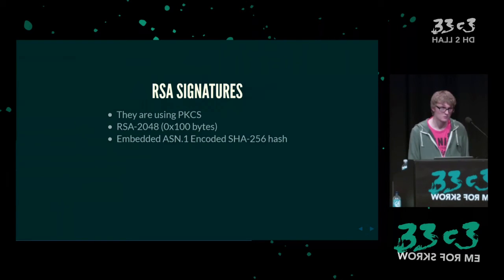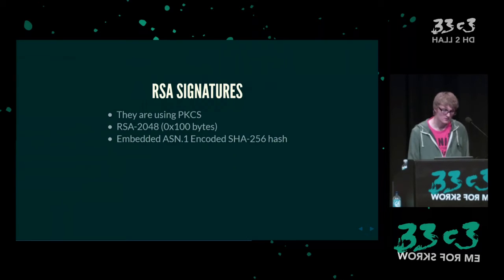ASN.1 is a really complex structure, similar to the MP3 structure. You have little chunks of data, those chunks have little headers, and the headers have tag bytes and length bytes. Basically, this ASN.1 stuff is used to tell the parser which hashing algorithm is used.